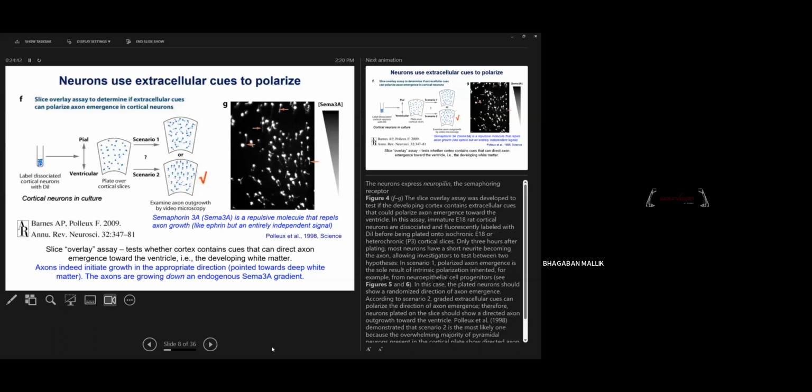In this real image, you can see that all the plated cells have their axon going downward, along the semaphorin gradient. You have less semaphorin in the ventricular side, so the axon is extending its projection towards the ventricular side. That is how semaphorin 3A polarizes the neuron towards a different region, the ventricular region. Okay.